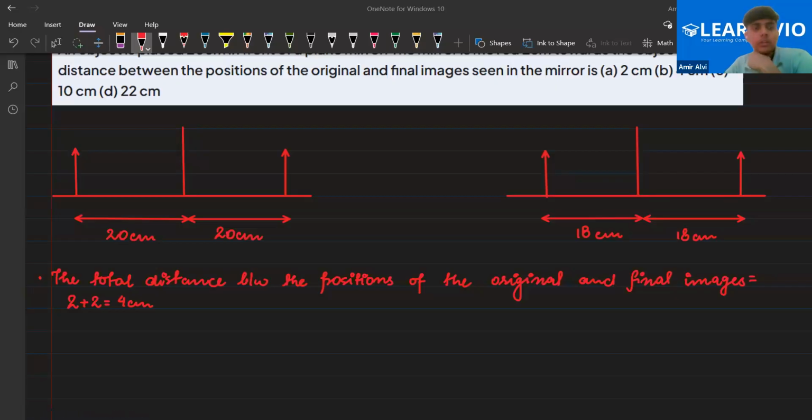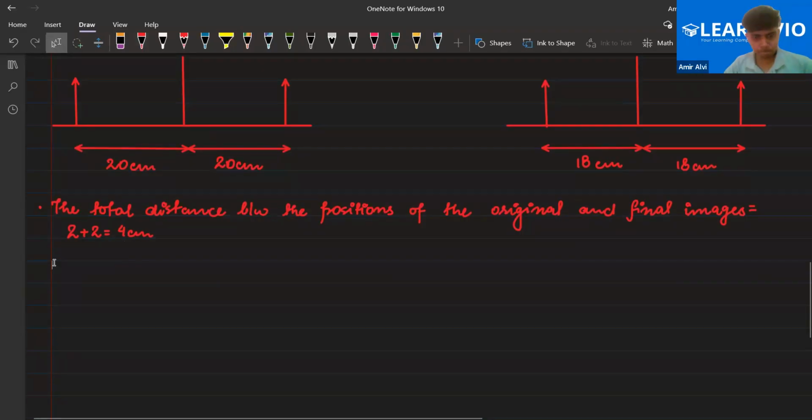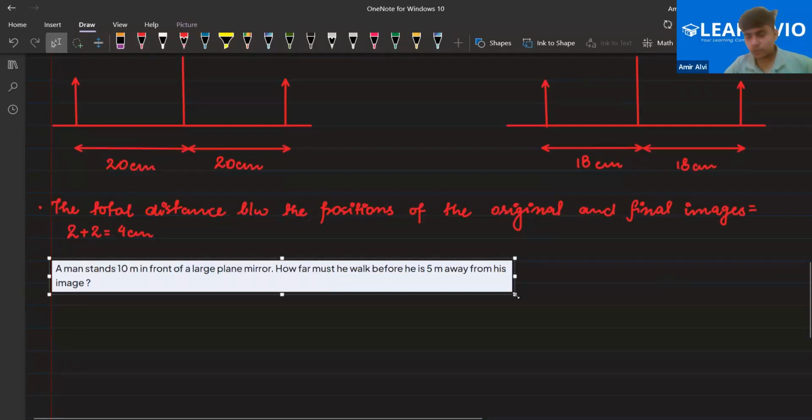Give me a second. Pasting one more question. Okay, try to solve this one.